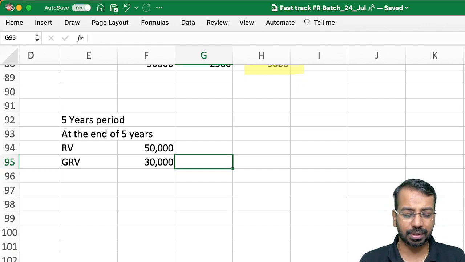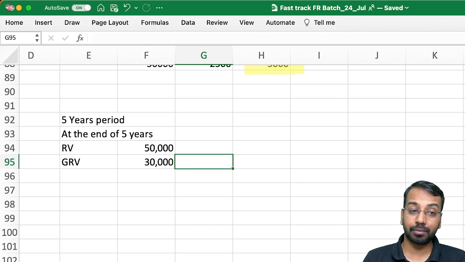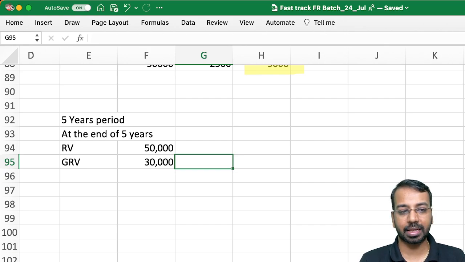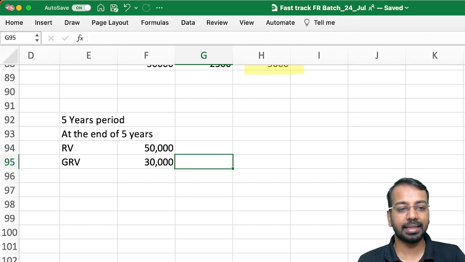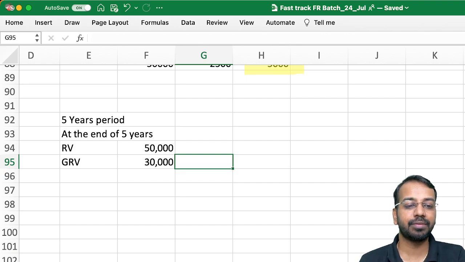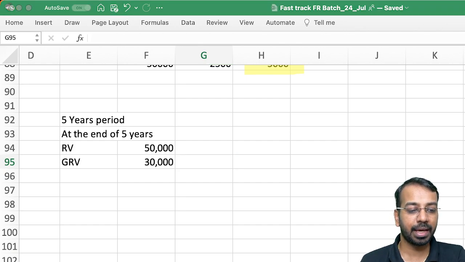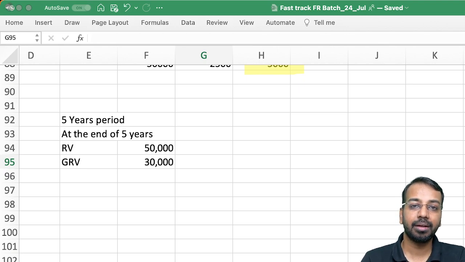Or sometimes, at the end of the contract, even when the assets are not being transferred, they guarantee that when we vacate the premises, we will pay 30,000 at the end of the term. So this residual value guarantee of 30,000 is a part of lease payment.